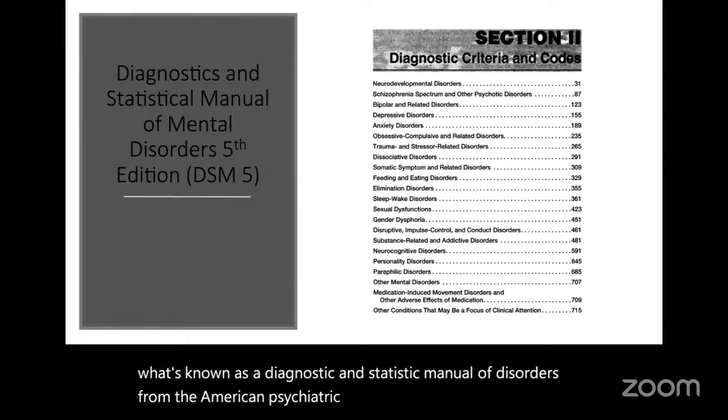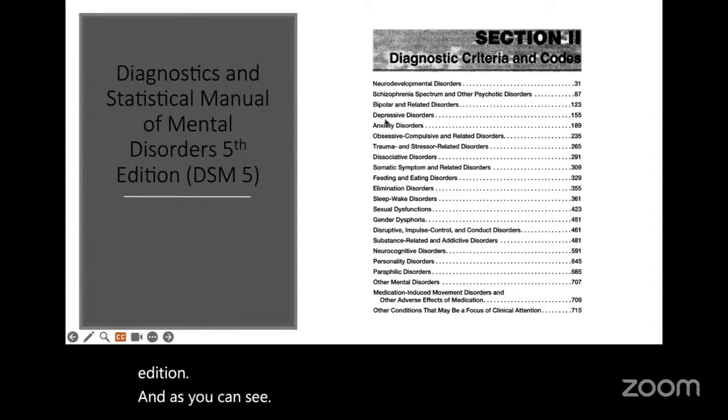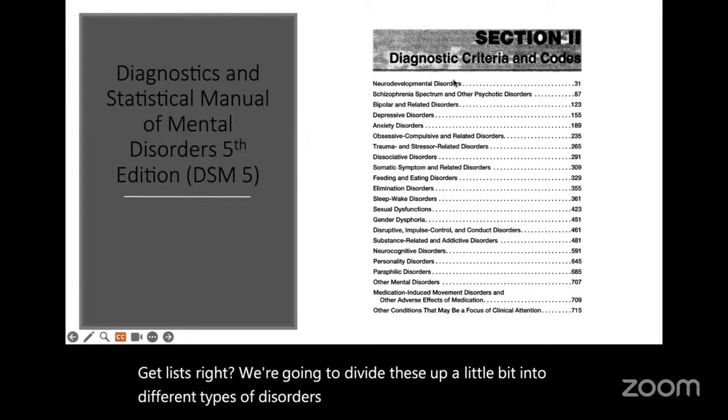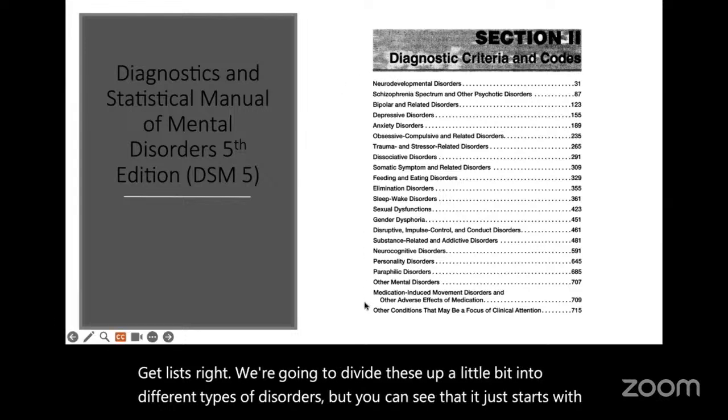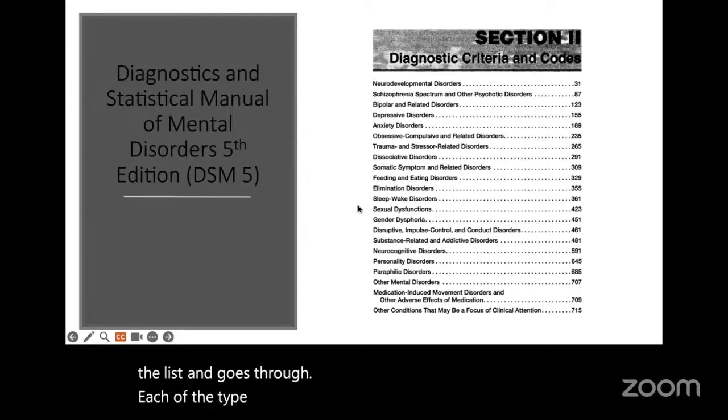And we're on the fifth edition. As you can see, it lists, and we're going to divide these up a little bit into different types of disorders, but it just starts with the list and goes through each of the types of disorders that are listed within the DSM.